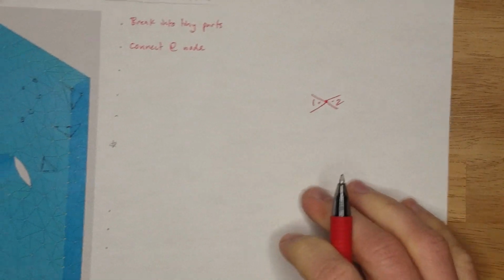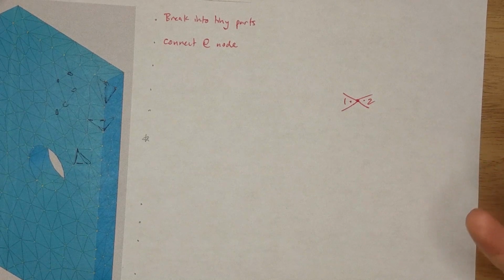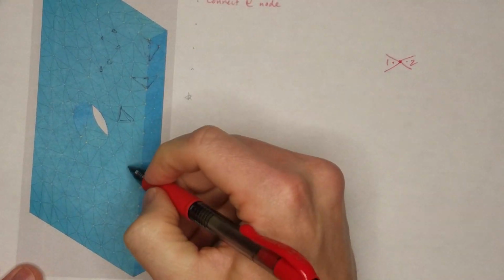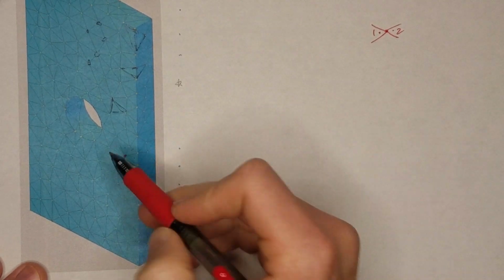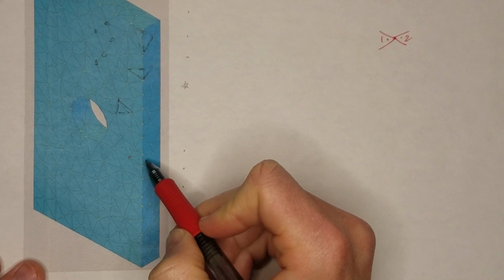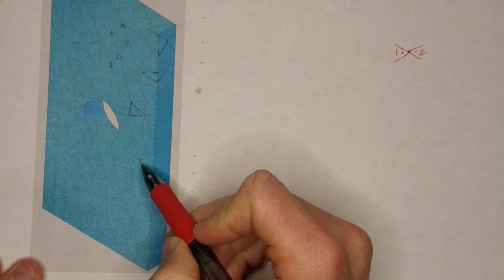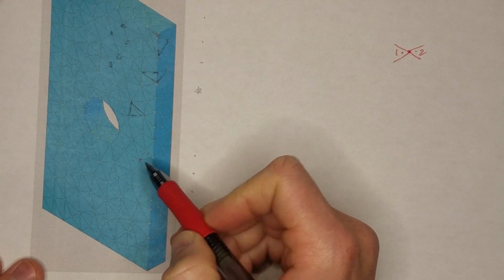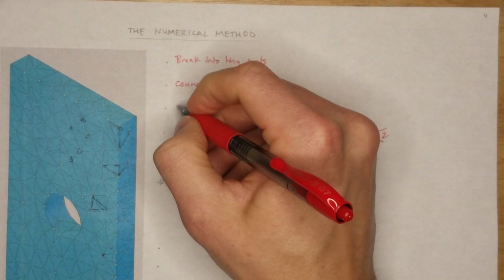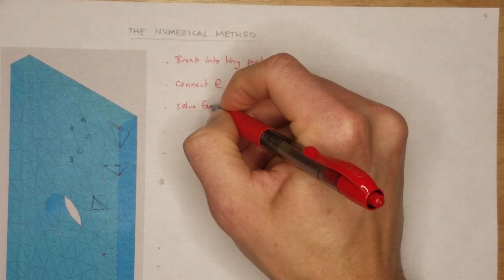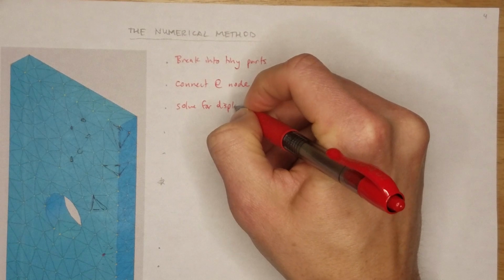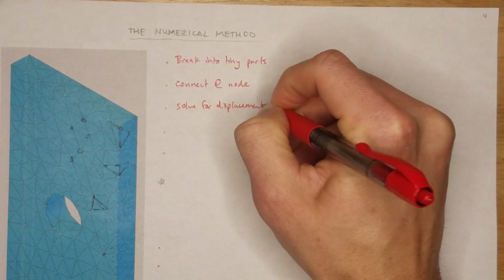The same concept holds true if I have 7 elements that meet at one node. Right here, you can see there's 1, 2, 3, 4, 5, 6, 7 elements. So I've got 7 displacement equations for one physical point in space. And the software is going to solve those displacement equations at each node. Solve for displacements at each node.